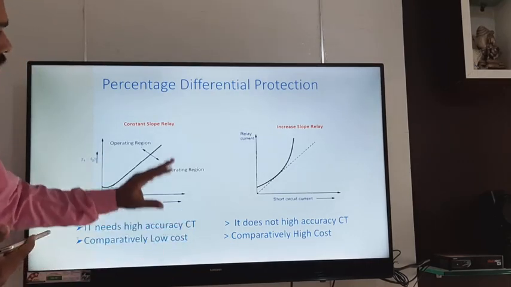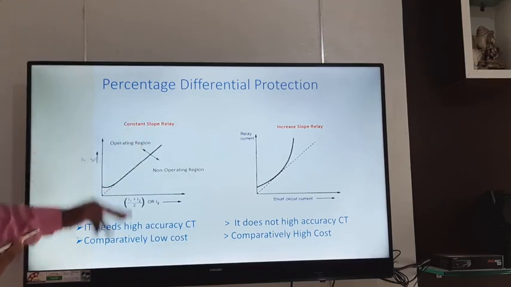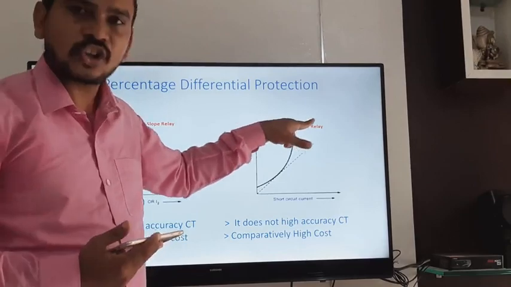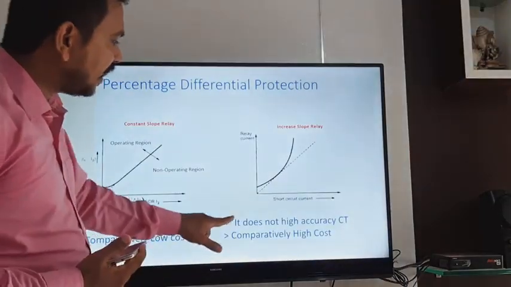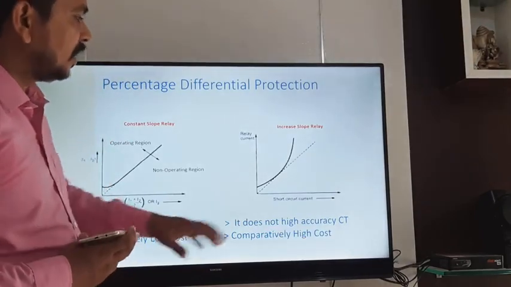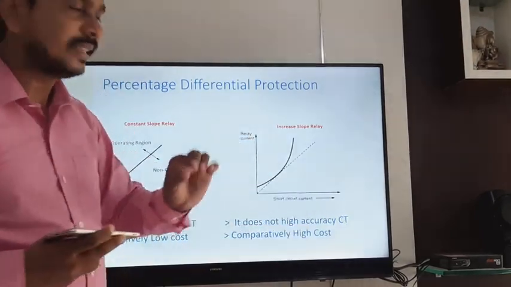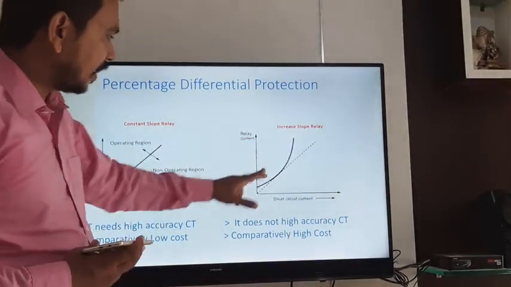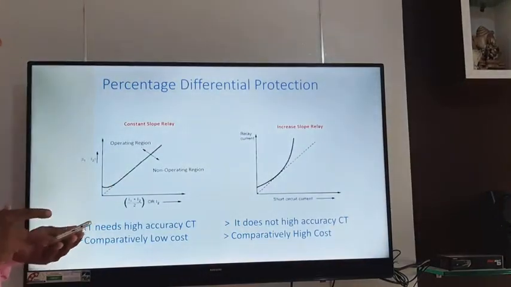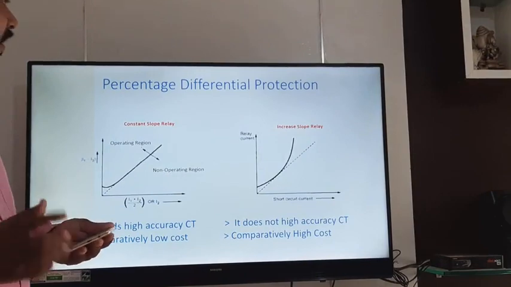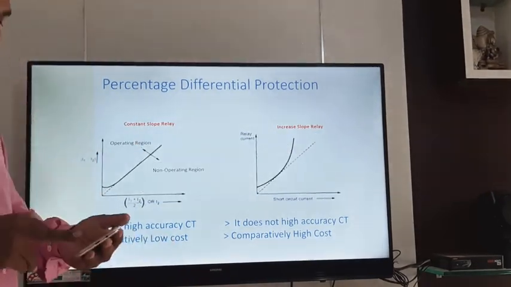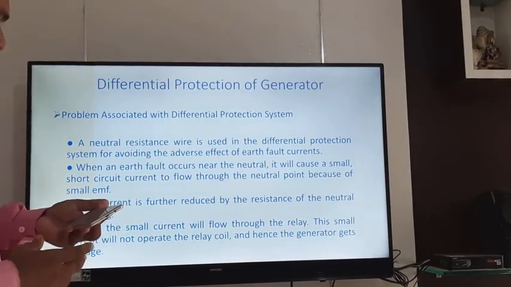Whereas when we use the increased slope relay, high accuracy CT is not required, and it is comparatively high cost. So these are the two types of percentage differential relay: one is the constant slope relay and the second is the increased slope relay.